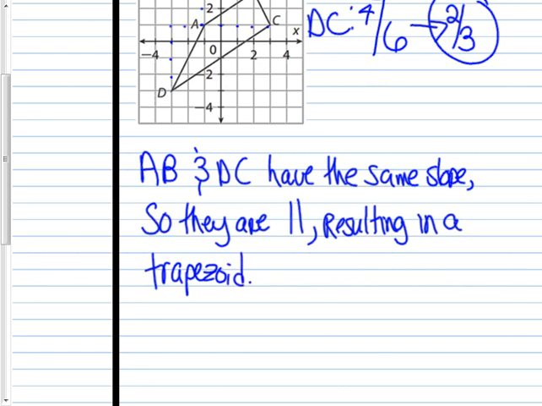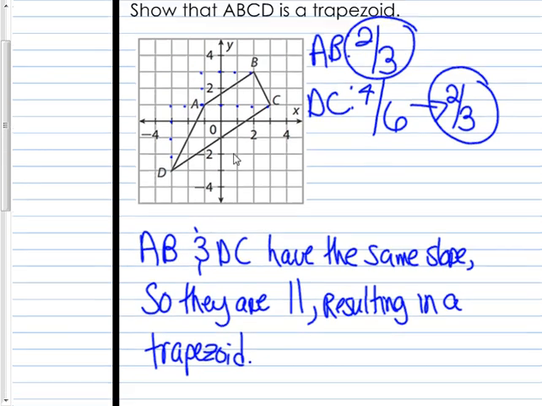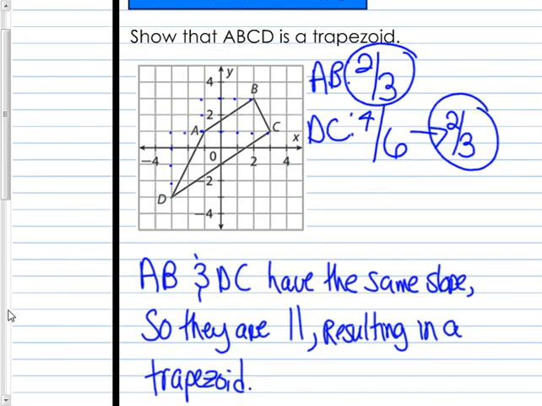Okay, something along those lines. I know that it is a trapezoid because AB is parallel to DC. I know they're parallel because they have the same slope.